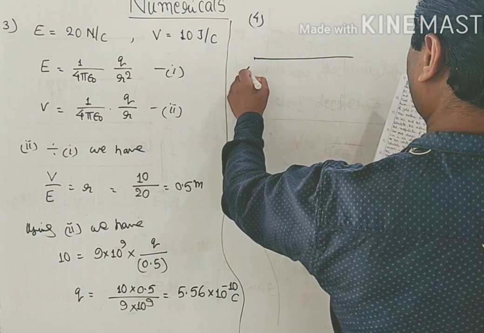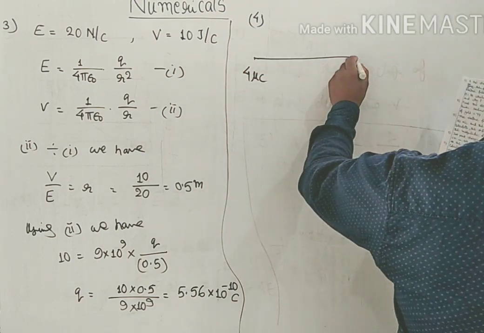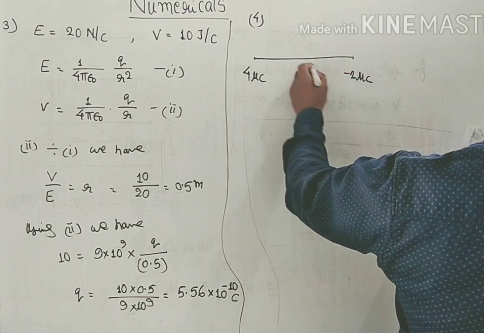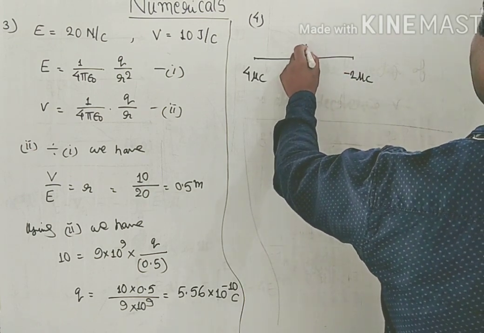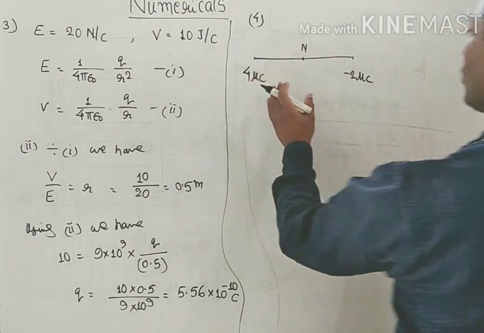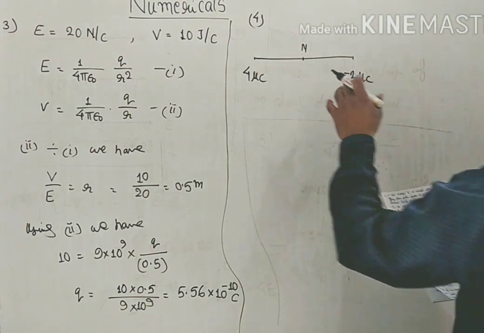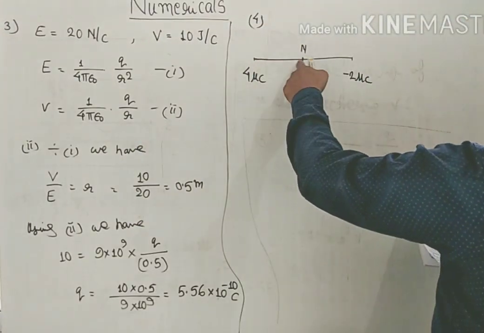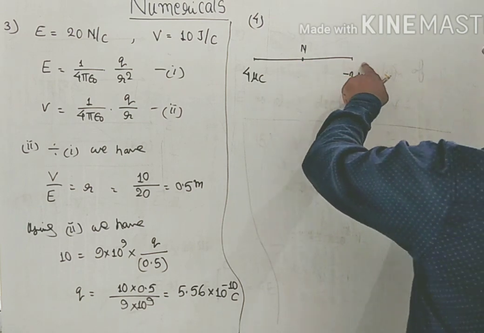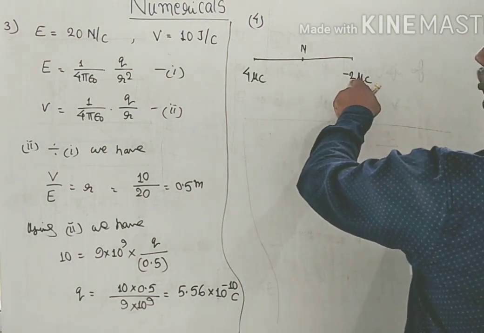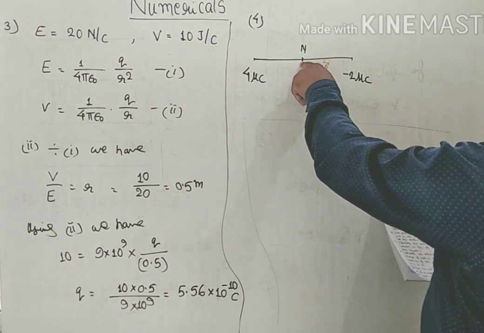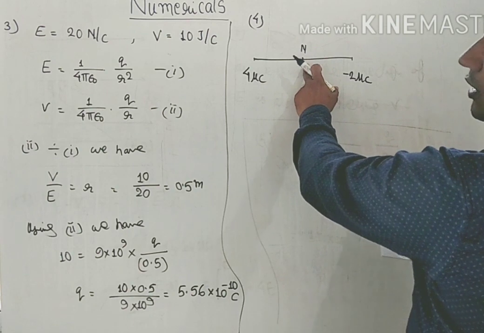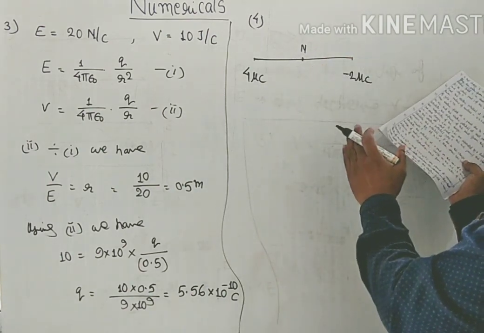Here 4 microcoulomb charge is given and here it is given minus 2 microcoulomb charge, and let we have a point N here where due to the presence of these two charges the electric potential comes out to be 0. So we will be writing potential due to this charge at this point, and later on we will be writing electric potential due to this minus 2 microcoulomb charge at this point, and by applying principle of superposition we can have total potential at point N, and that should be equated with 0.